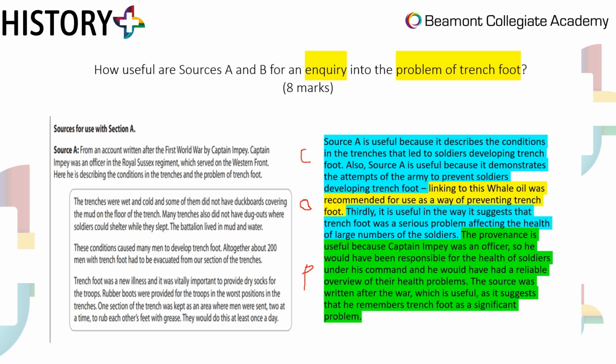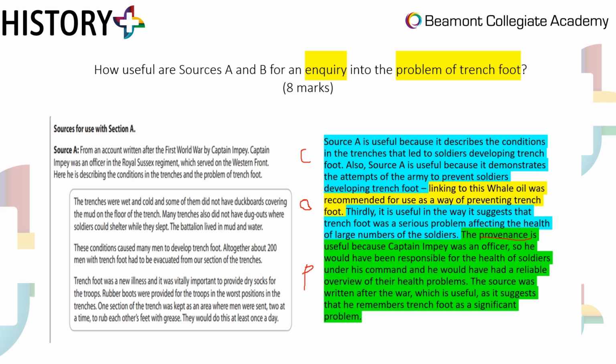The provenance is useful. Actually state what you're talking about as well. The provenance is useful because Captain Impey was an officer, so he would have been responsible for the health of soldiers under his command, and he would have had a reliable overview of their health problems. The source was written after the war, which is useful as it suggests that he remembers trench foot as a significant problem.